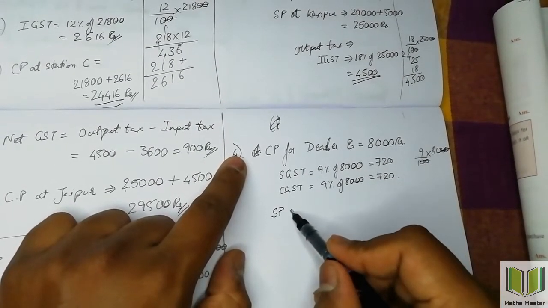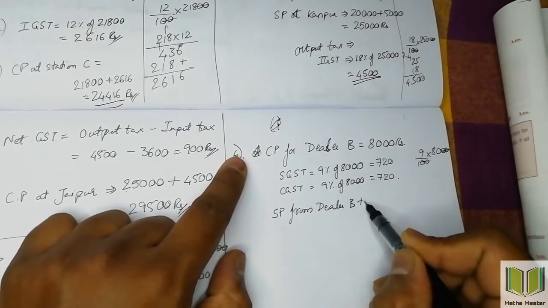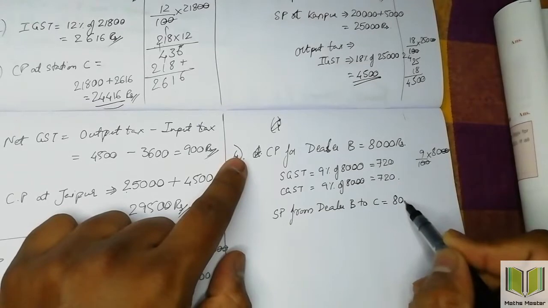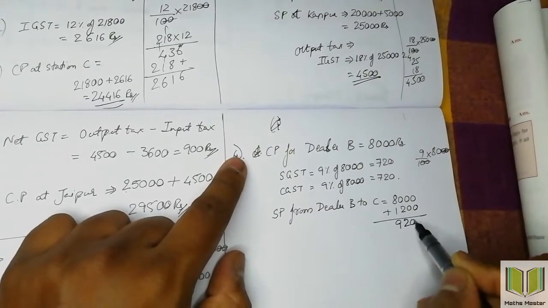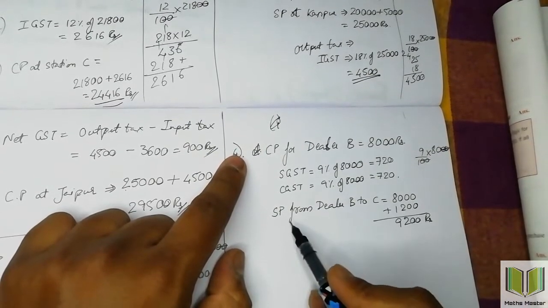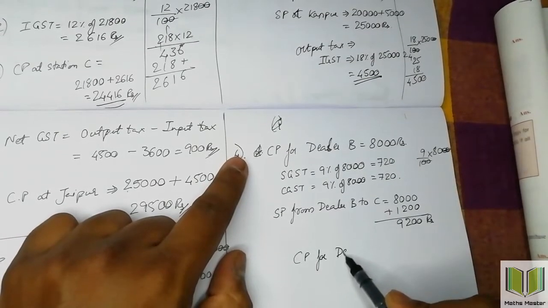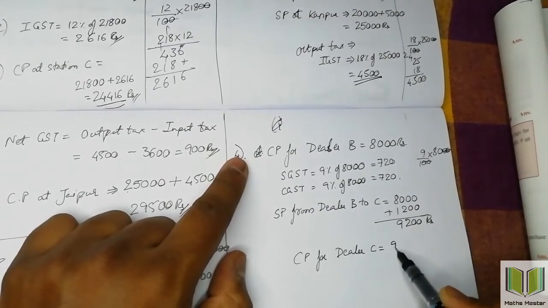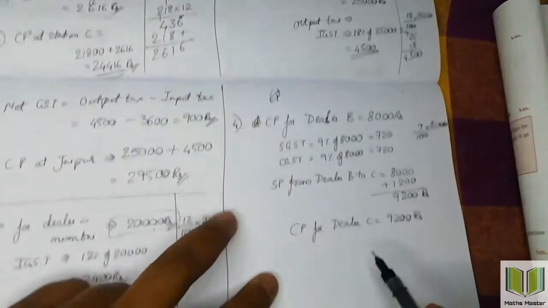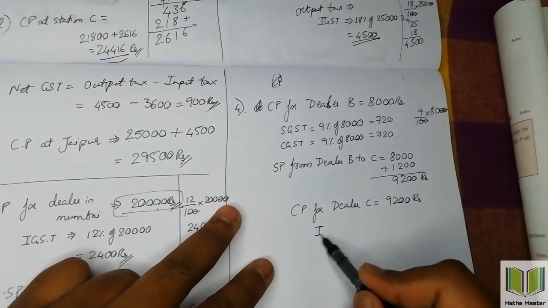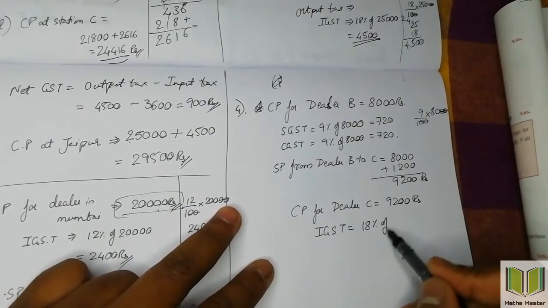Now, the cost price for dealer B is equal to 8,000. The selling price from dealer B to C will be 8,000 plus the profit amount 1,200, which is 9,200 rupees. The selling price from dealer B will be the cost price for dealer C, which is 9,200 rupees, and on top he needs to pay input tax, which is IGST, 18% of 9,200.